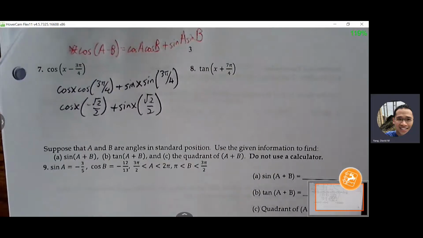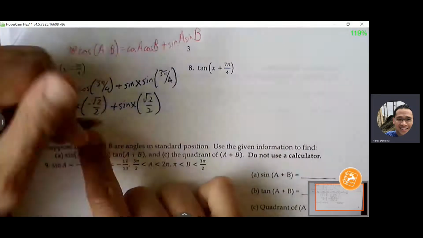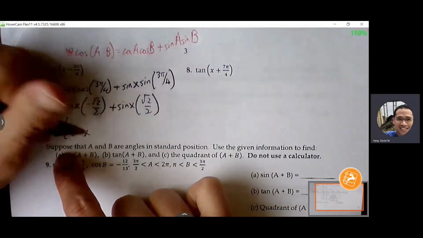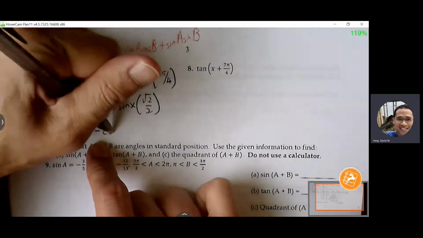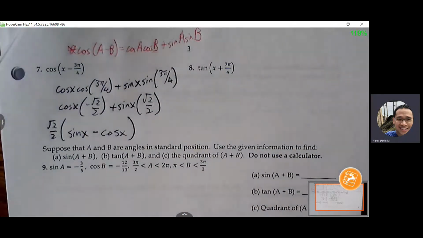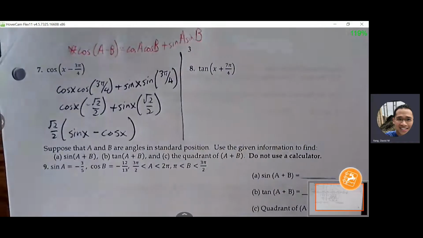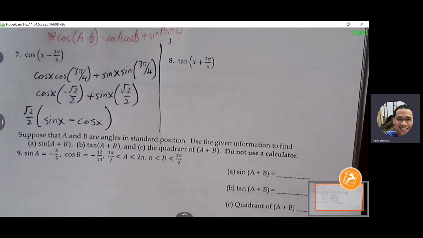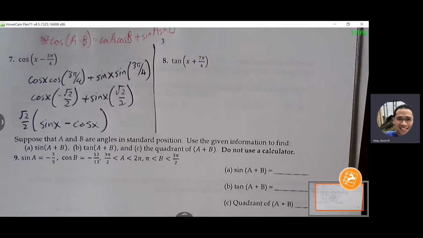You can also decide that you want to factor out a GCF, factor out the root 2 over 2. Okay, try number 8.